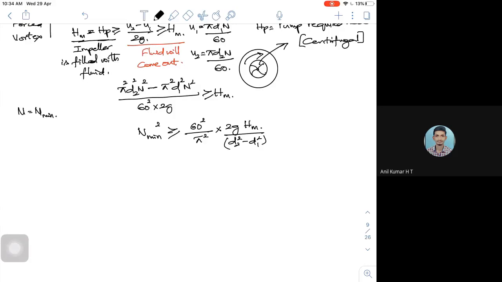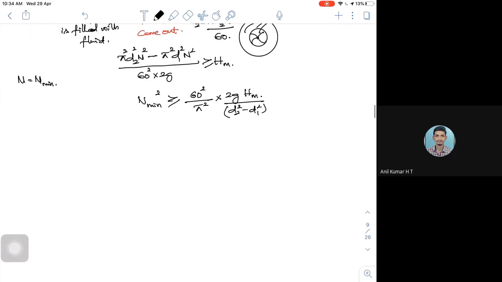Or I can write N minimum should be greater than or equal to the square root of 60 square by pi square into 2g into HM divided by D2 square minus D1 square.